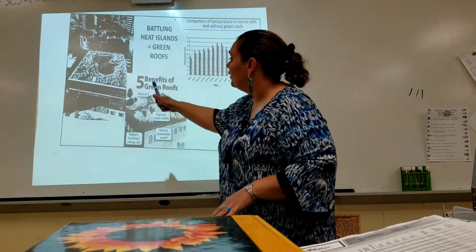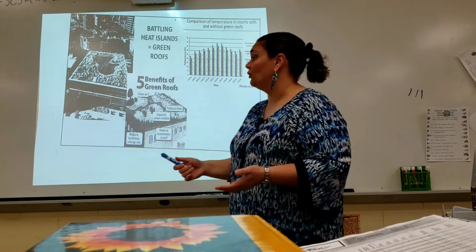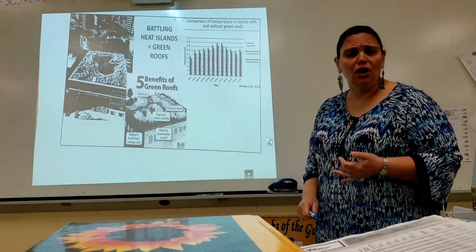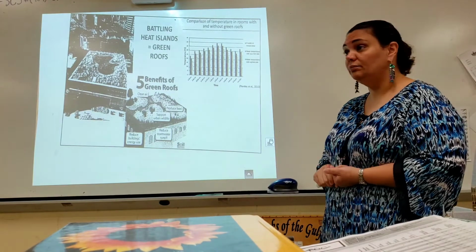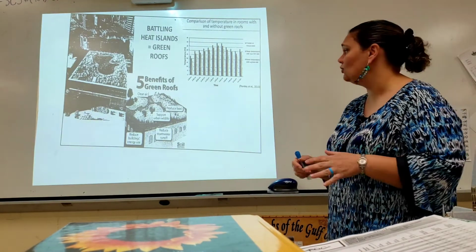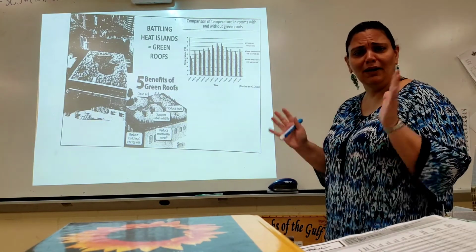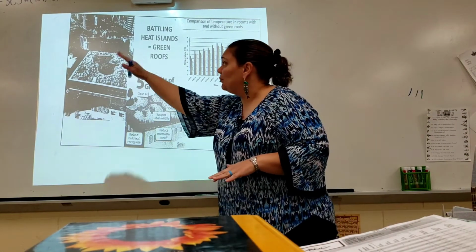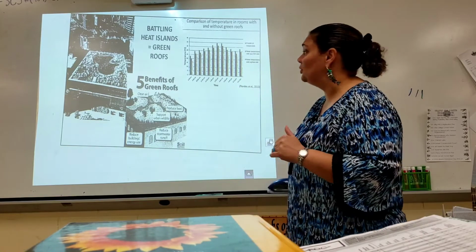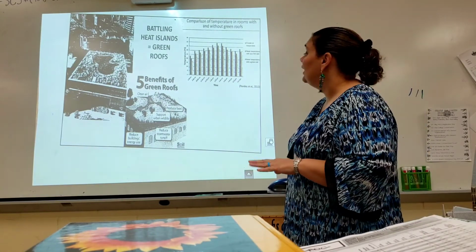Basically they put trees up there, they put gardens. Some of them will actually grow potatoes, tomatoes, strawberries, berries, you name it. They'll just have these green tops on their buildings. More and more cities are doing this. It's really cool. Worldwide, by the way. It's not just in the US. It's really neat.